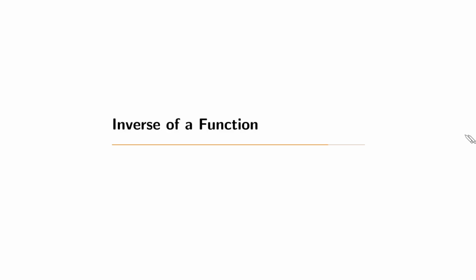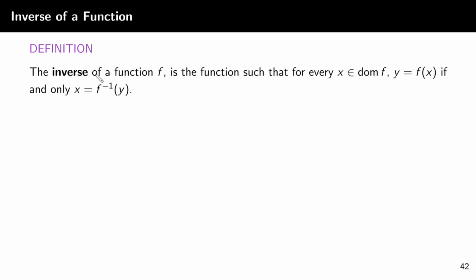Okay. Now, let's look at the concept of the inverse of a function. So, the inverse of a function is the function such that for every x in the domain, we have this relationship. Y is equal to f of x if and only if x is equal to f inverse of y. So, itong inverse ng function, we denote that by this.